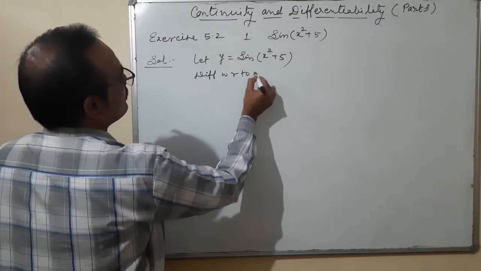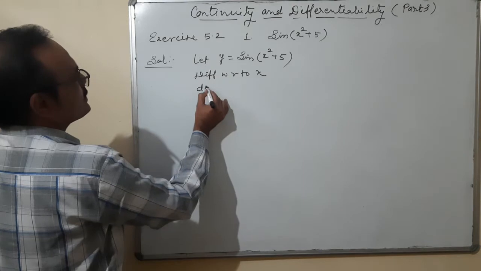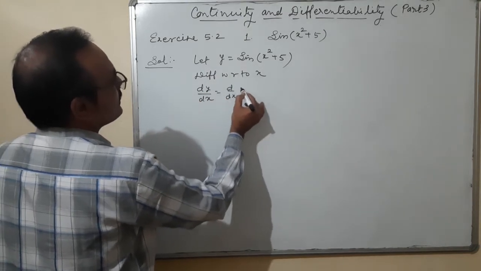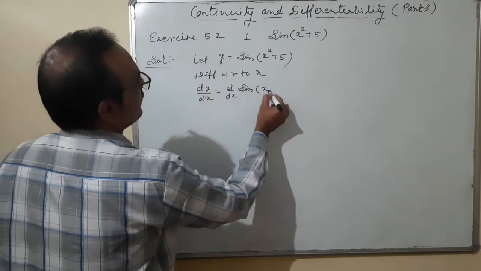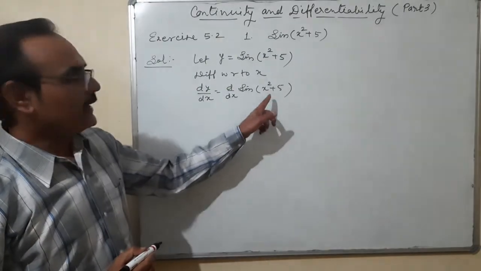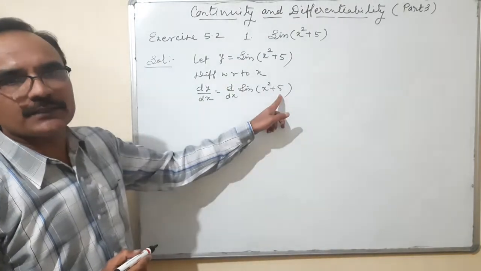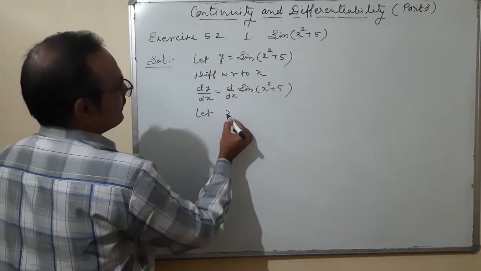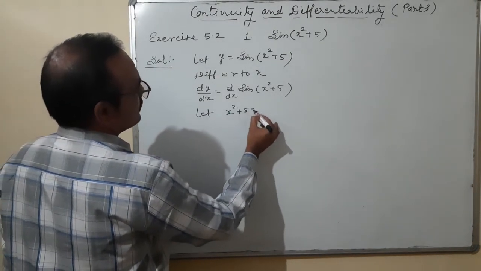Differentiate with respect to x. So the differentiation of y is dy by dx is equal to dy by dx of sine of x square plus 5. Here, in x square plus 5, there are two terms. So here we'll have to consider let x square plus 5 is equal to t.